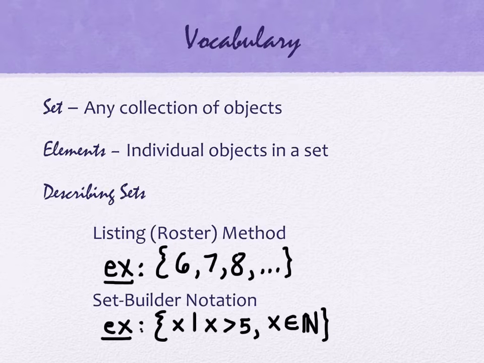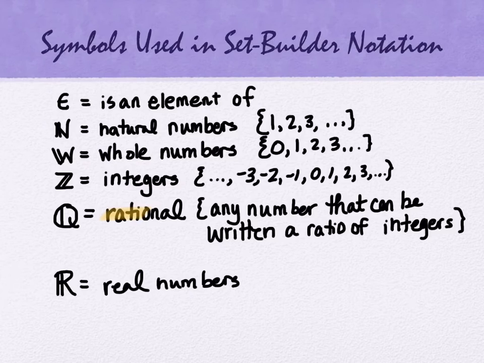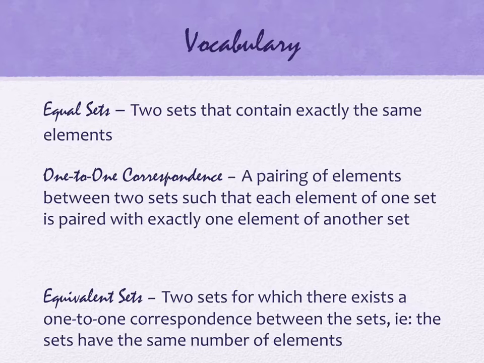We had a couple of ways of describing sets, the roster method and set builder notation method, and we had some notations for you to be aware of as you see them. We talked about the idea of equal sets and of equivalent sets. Equal means exactly the same elements are in them. Equivalent just means they're the same size.